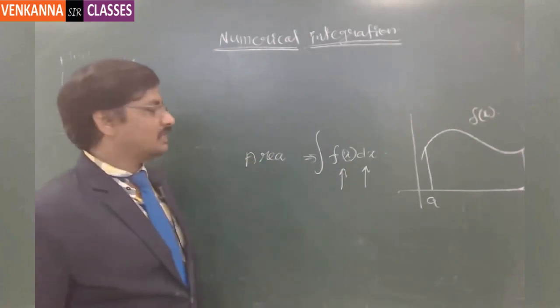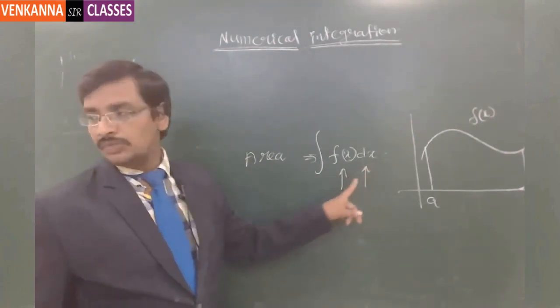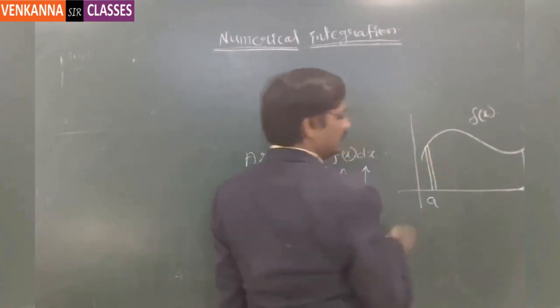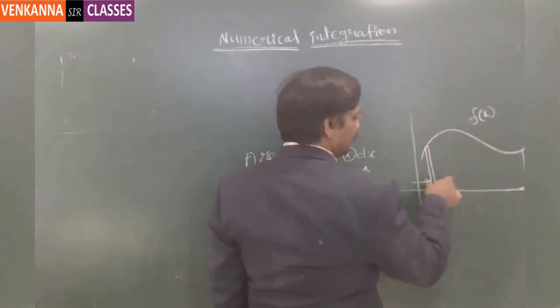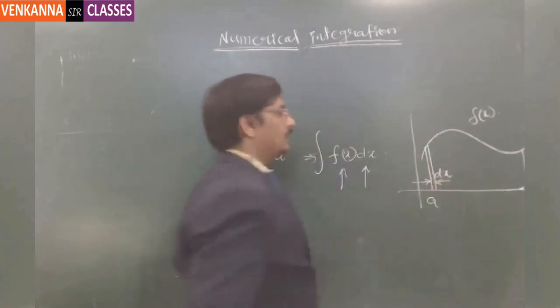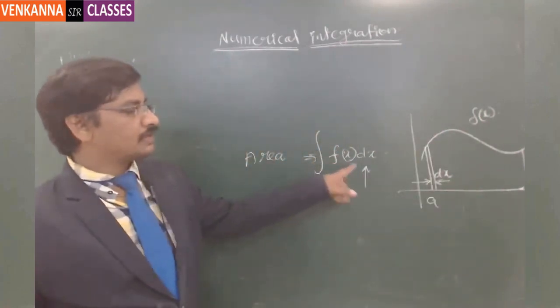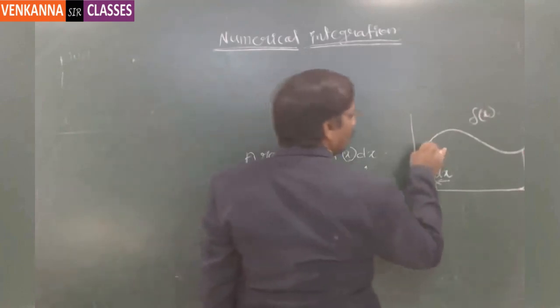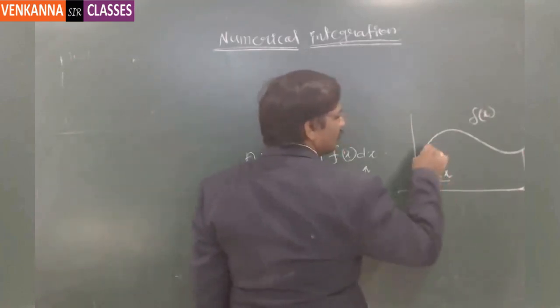This dx means we are dividing this into small strips, and the strip width is dx. The height of this function is the y value, so this y value multiplied by dx gives the strip area.